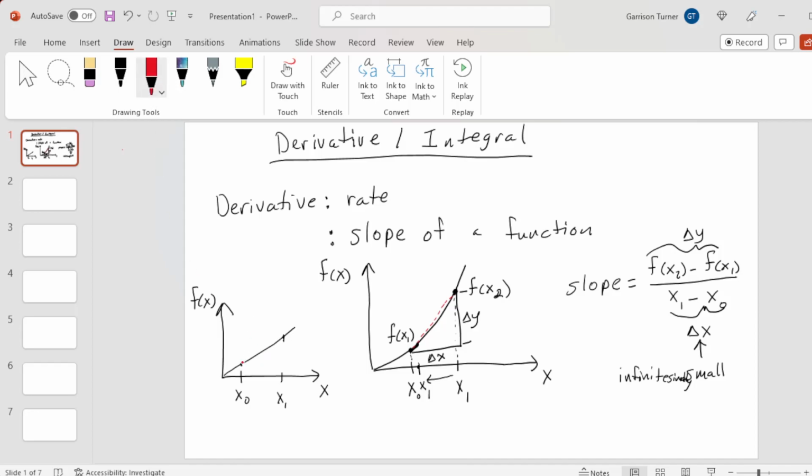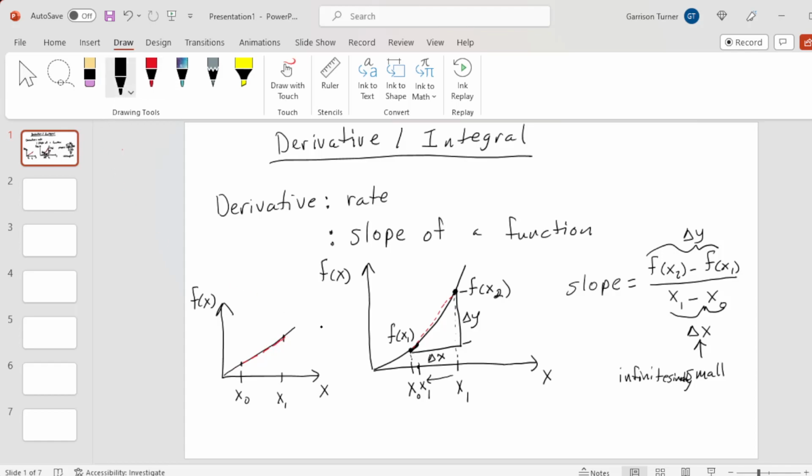And when I measure the slope between these, now that will be very, very close to being a straight line. And if I make the distance between x0 and x1 infinitesimally small, then it will be a straight line, right? If I keep on zooming in on a curve, it will eventually become a straight line.